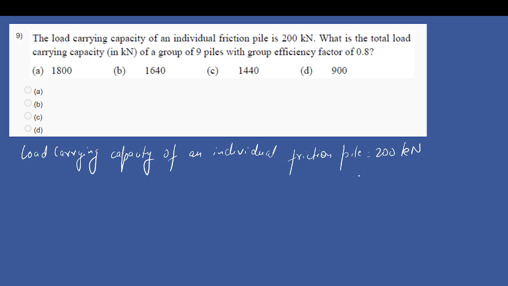The load carrying capacity of an individual friction pile is given to you, which is 200 kilonewton.